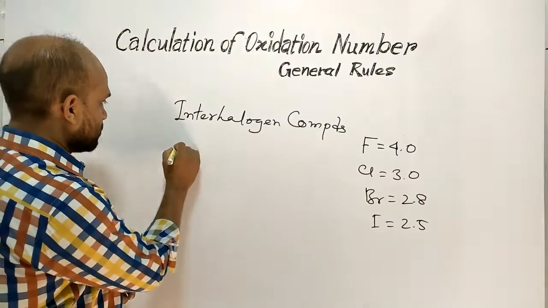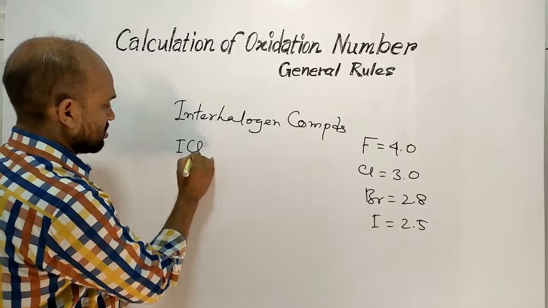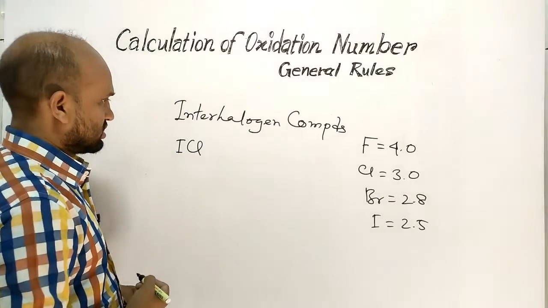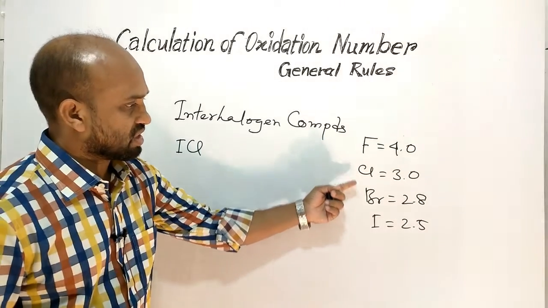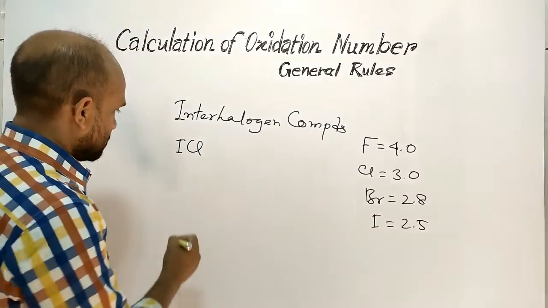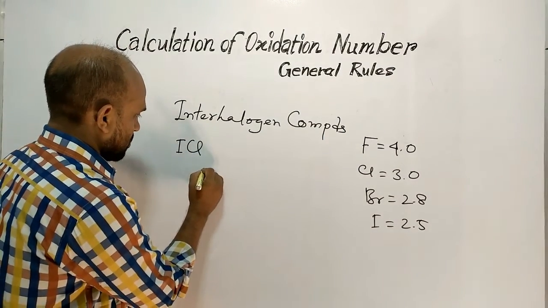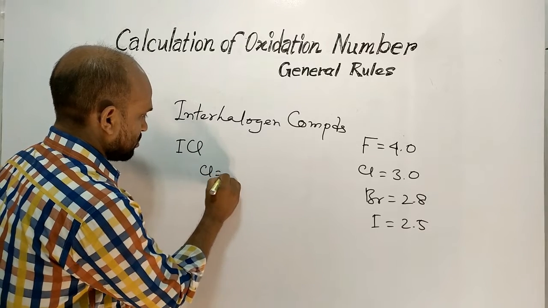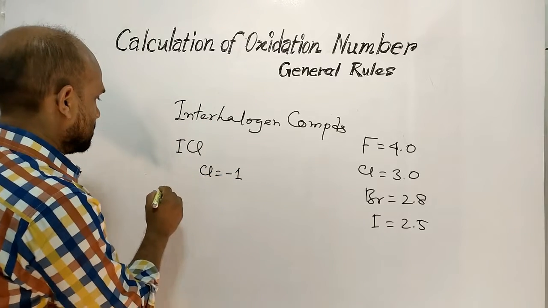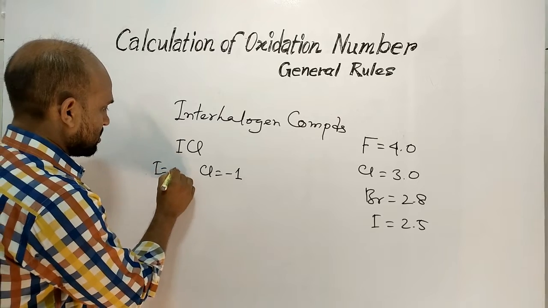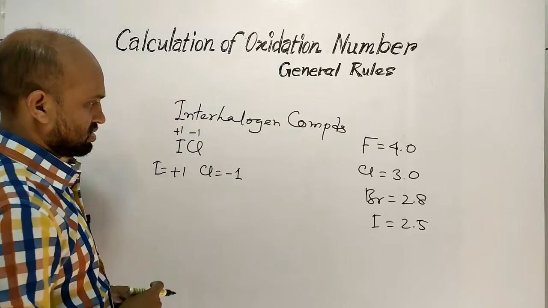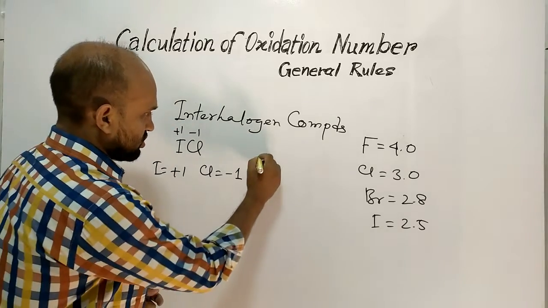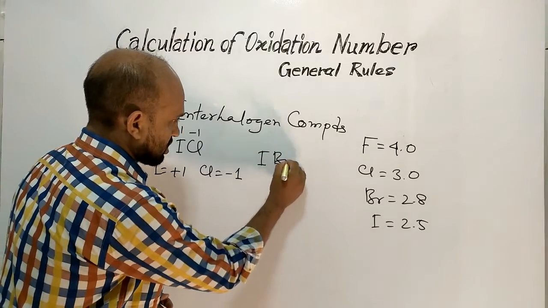The first compound is iodine chloride. Since chlorine's electronegativity is higher than iodine, oxidation number of chlorine will be -1 and iodine will be +1. Here +1, here -1.